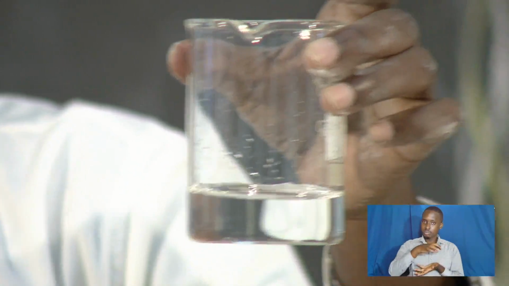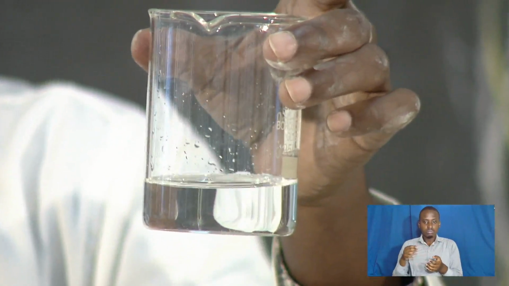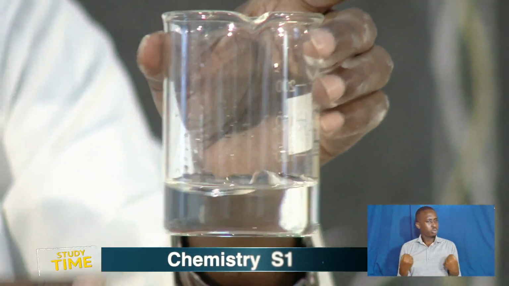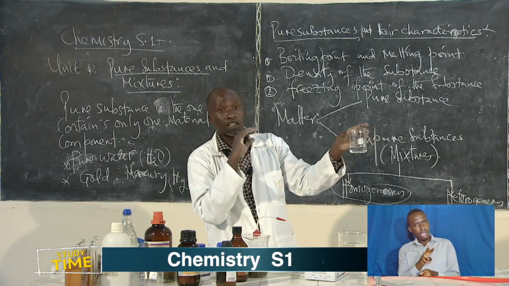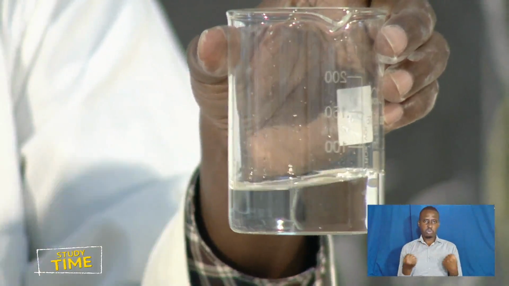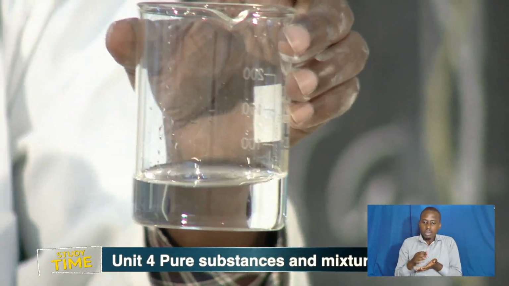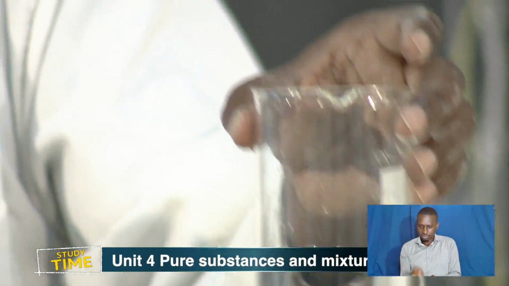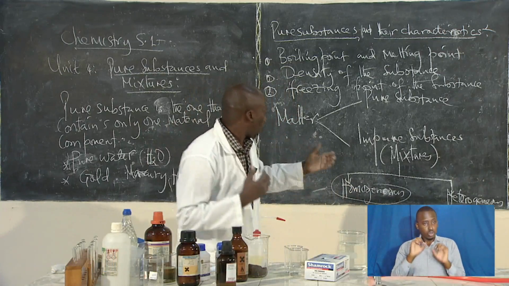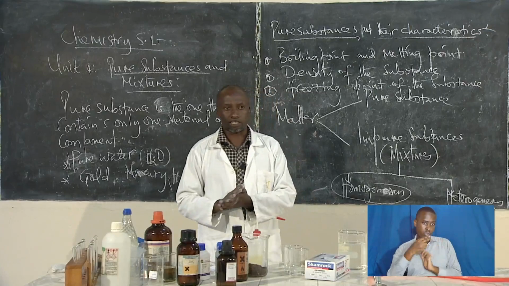This mixture is uniformly distributed. You can't look at them and easily tell that this is a mixture, because they are uniformly distributed together throughout the solution. So that is one of the examples of the homogeneous mixture.